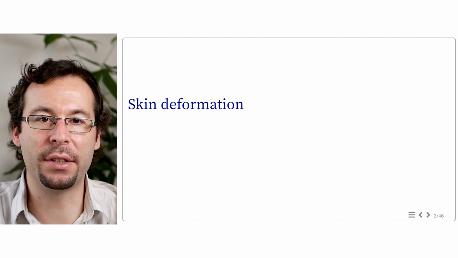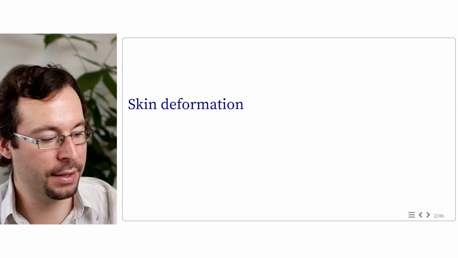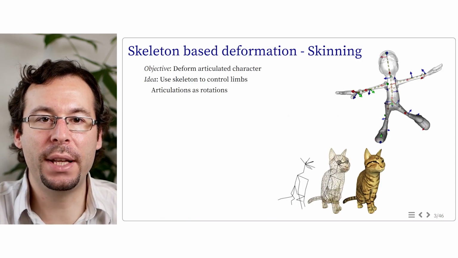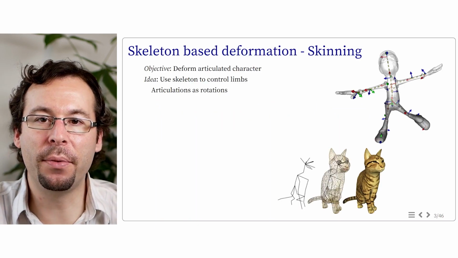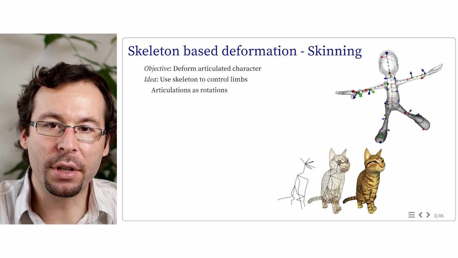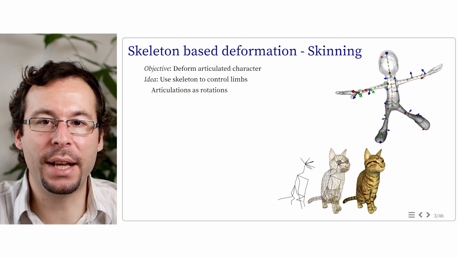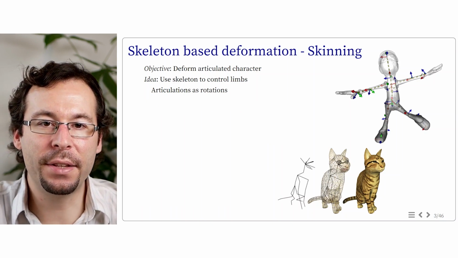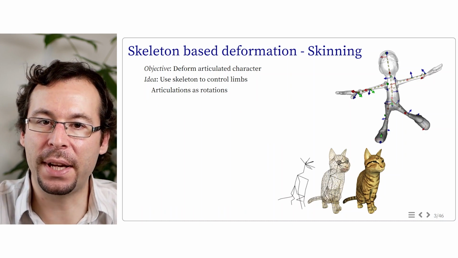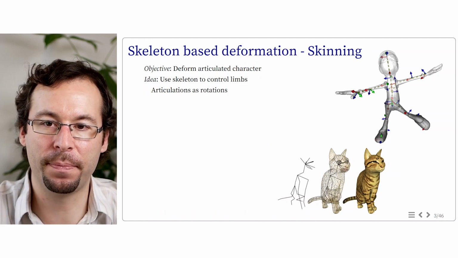Let us first start with the case of deformation of the skin of a character. The most common approach to animate a character is related to something called skeleton-based deformation. The underlying idea is that characters and creatures are mostly articulated ones, as they are generally made with some internal bone structures that define limbs that are moving under the action of the muscles.